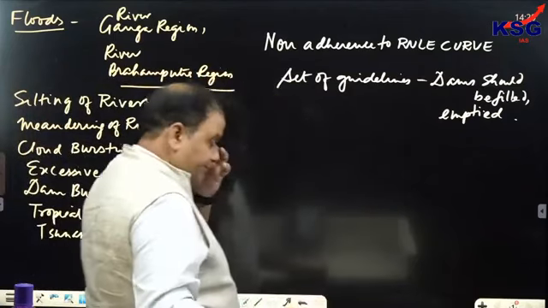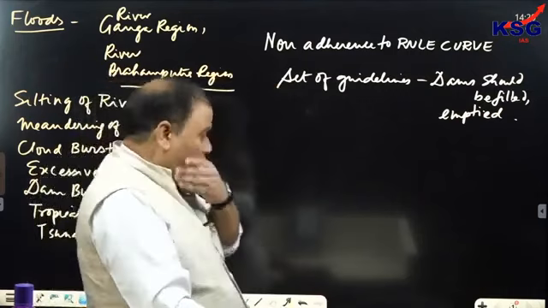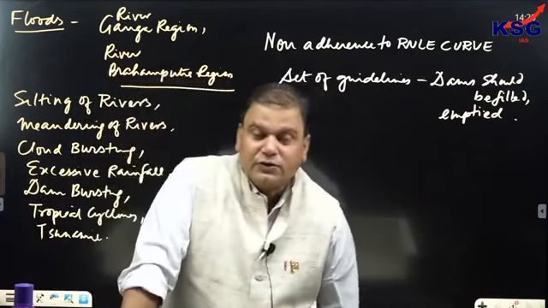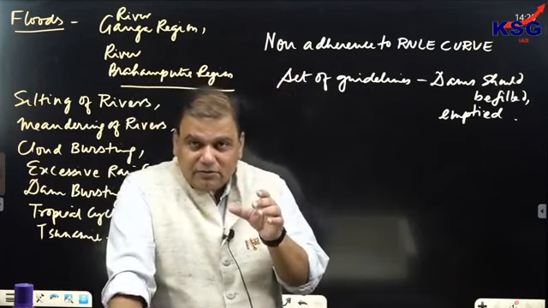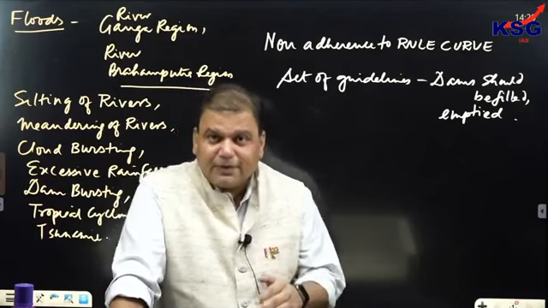Clear? But we can see the dam should be preferably filled by the end of monsoon so that there is a buffer space left for accommodating surplus water. Write down.